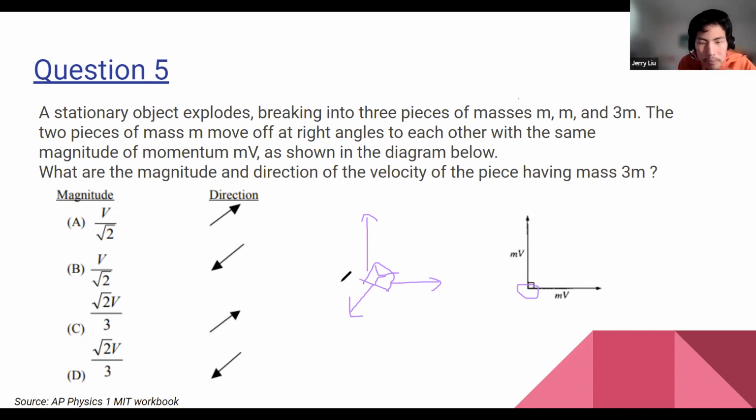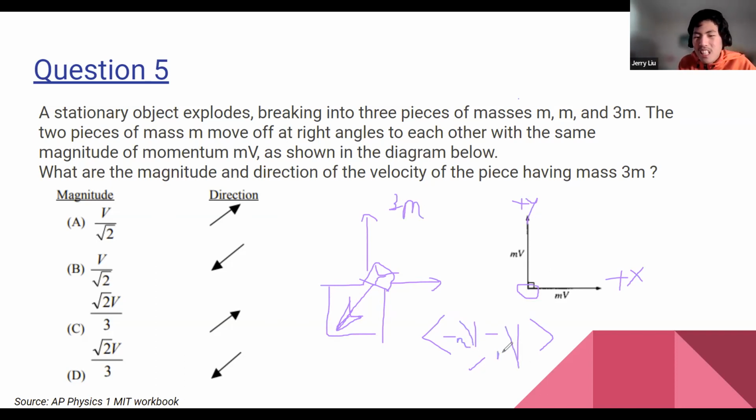So this p vector must have components of negative mv each. If you define this as the origin, this as positive x and this as positive y, to make things easier, it must have components of negative mv, negative mv, sorry.